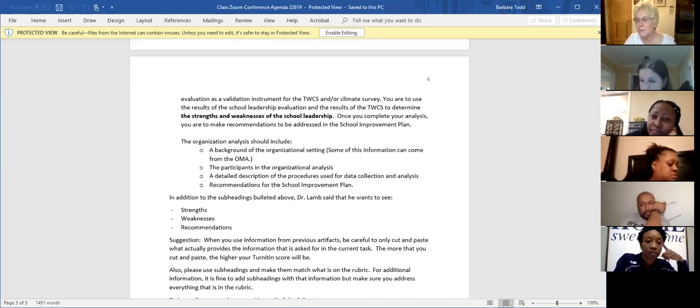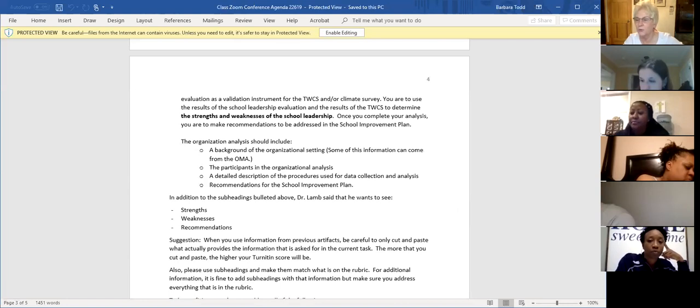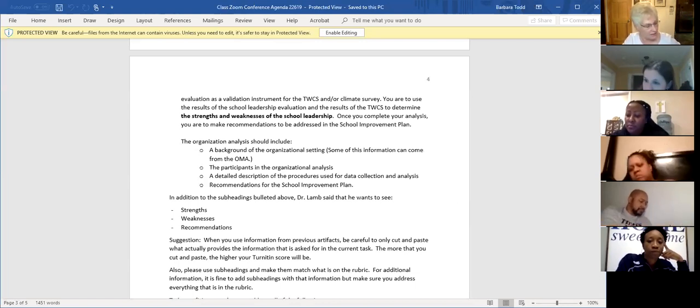That's basically the same thing I was talking about. The description of your school is what you've got for the first one, which was background setting. It's talking about your school and your community. And then the second one is how it's organized. You're correct, I think he did spell it out that way. And I put that in your notes too, that it can come from the OMA.